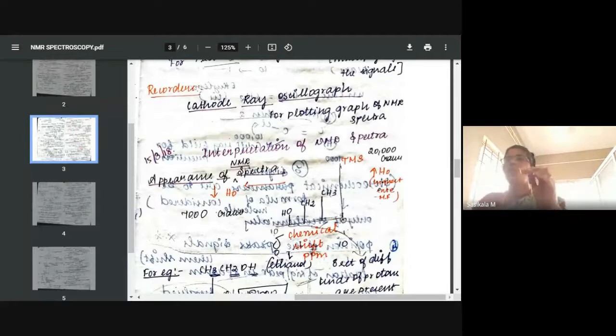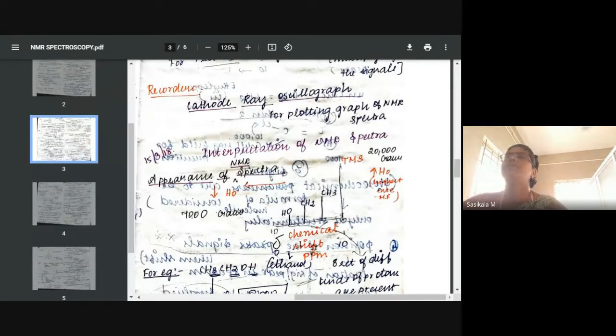And if the protons are de-shielded, away from the diamagnetic field, they require very little energy for resonating. So the shift will be away from TMS, since at TMS it has the highest magnetic strength. Away from TMS, the shift is known as a downfield shift.